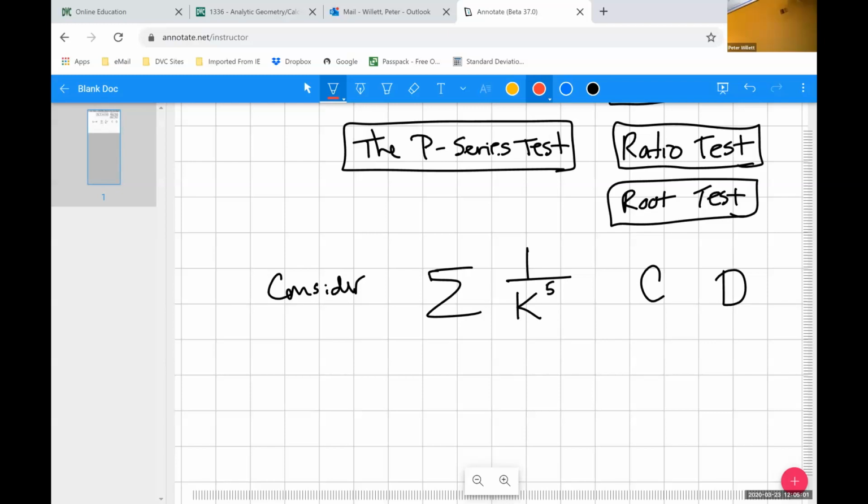So this is a power function with a p-value of 5, and the p-series test says if p is anything bigger than 1, including like 1.0001, anything at all bigger than 1, then it converges. This is a 5, which is bigger than 1. So it converges. If we were asked to justify, we could say by p-series test.